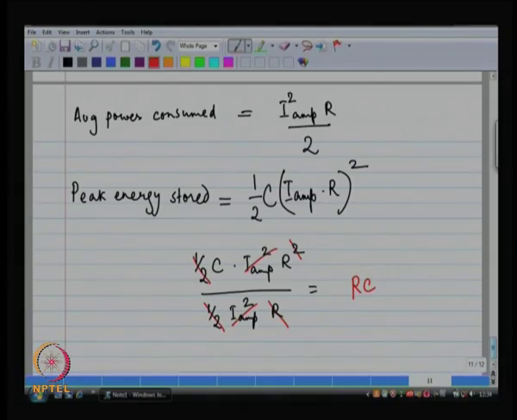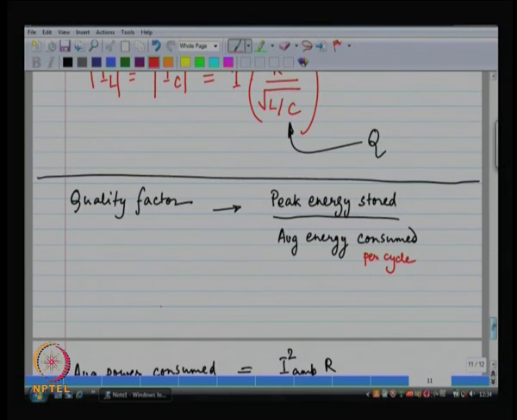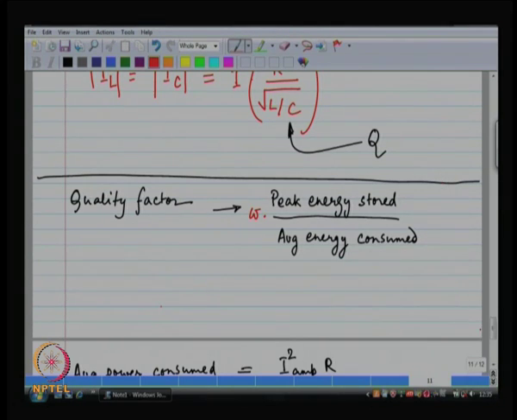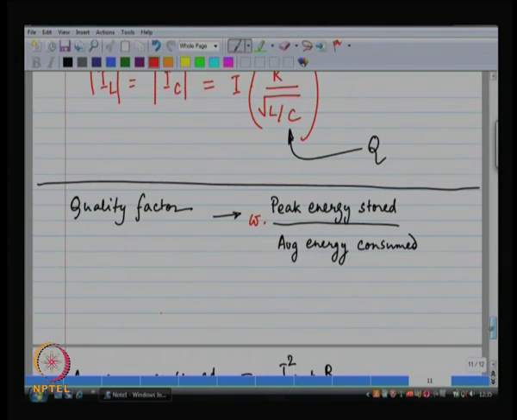No, this is not right. So, please correct this. Okay. So, this is correct now. So, please make this correction. The quality factor is omega times the peak energy stored divided by the average power consumed.